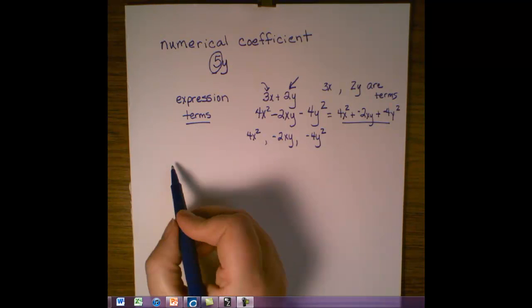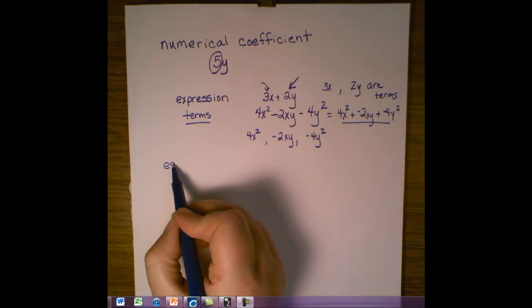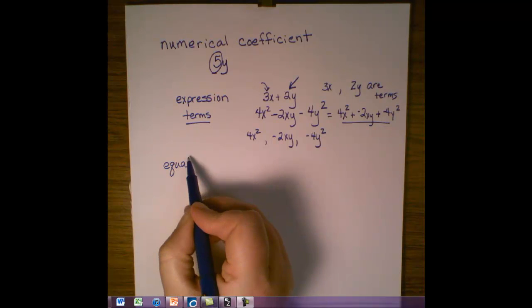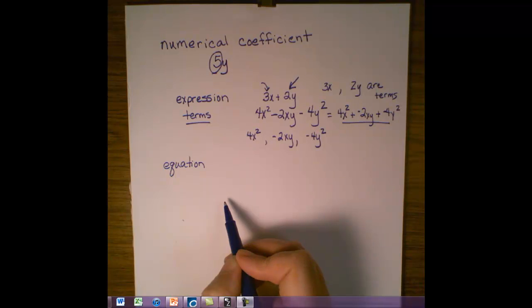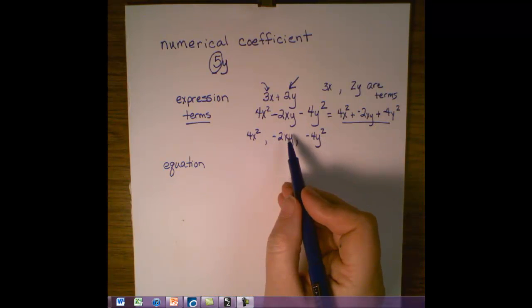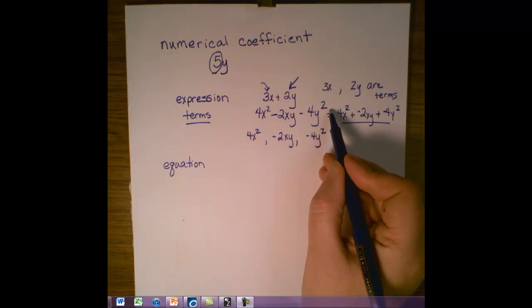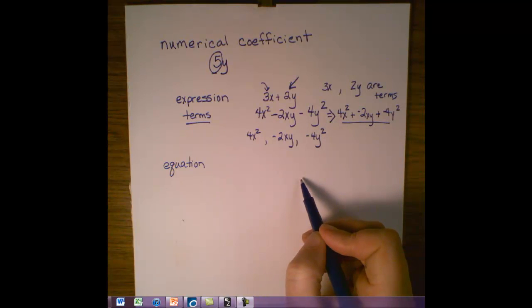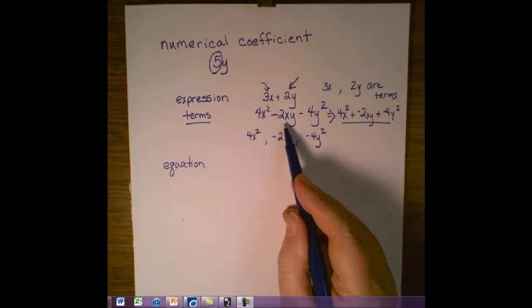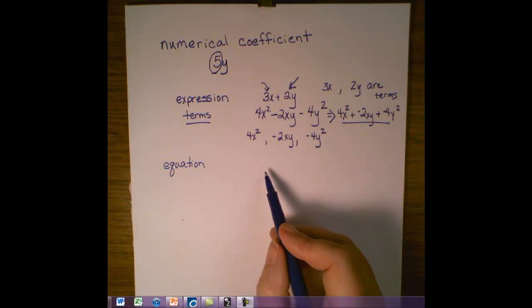Well, what's the difference between an expression and, as we get into the next chapter, equations? Well, these are expressions. When I put this little symbol here, and I really should have put that little symbol there just to say that I'm making it change into this, it's equivalent to.